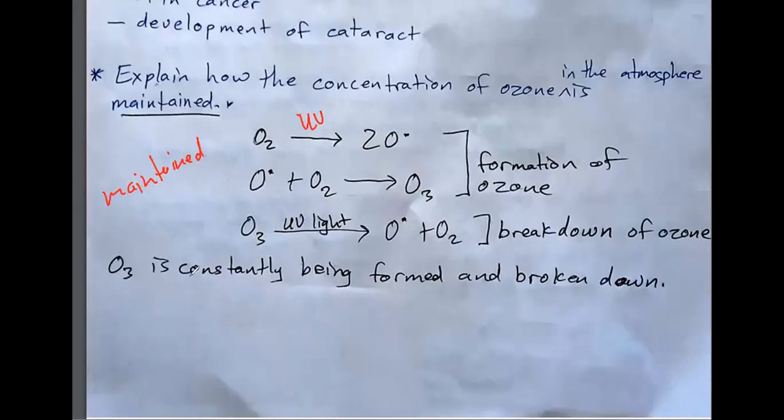It is like a balance, forming the ozone and then ozone is broken down, and UV light is responsible for these reactions. So it is constantly being formed and broken down, like a cycle, right? So you would use these equations in your explanation.